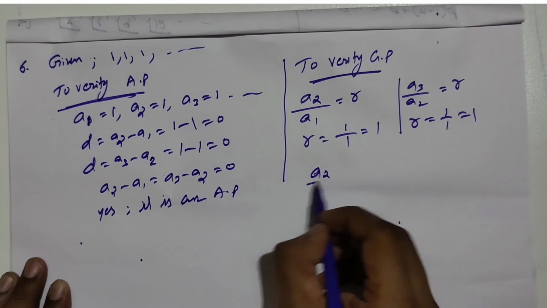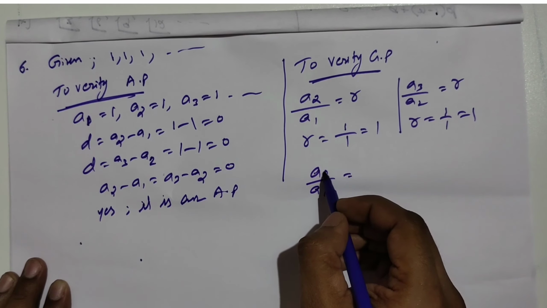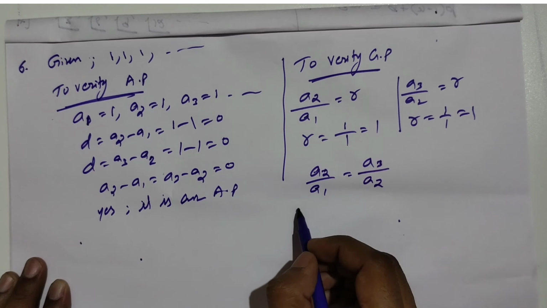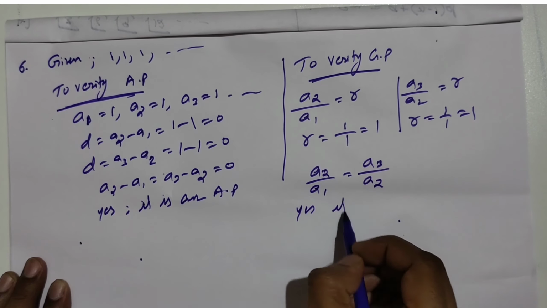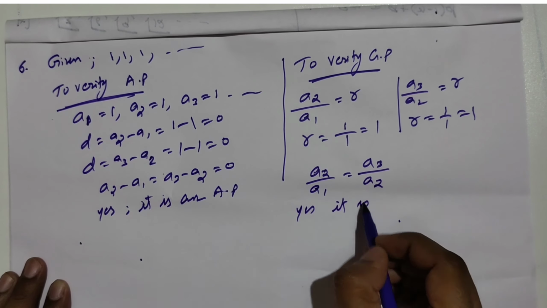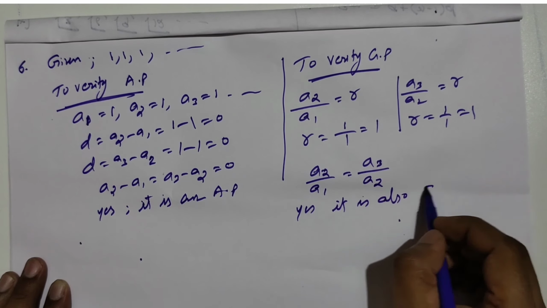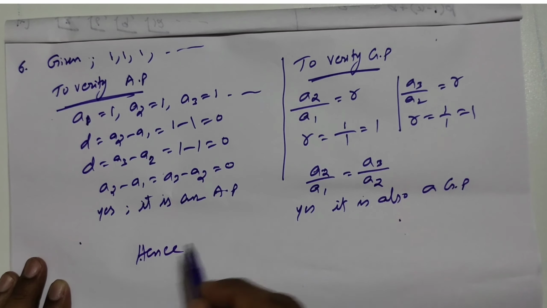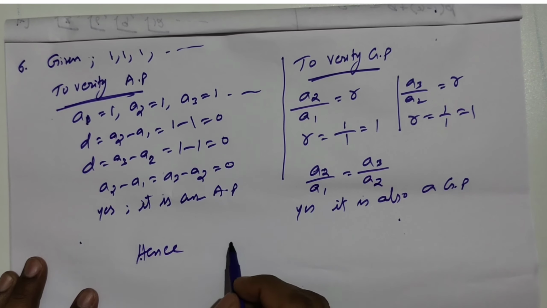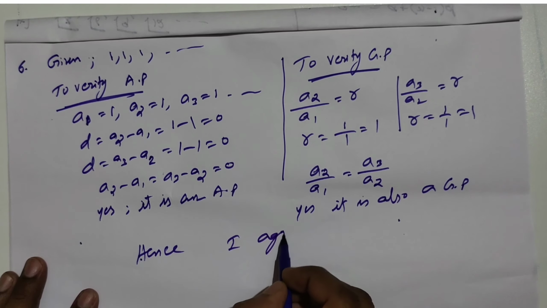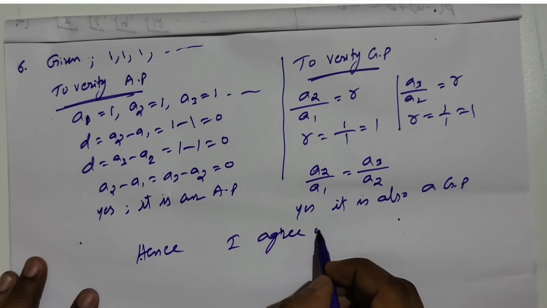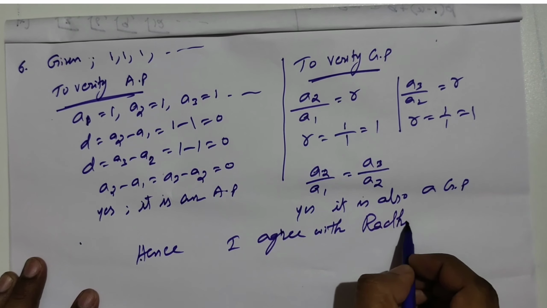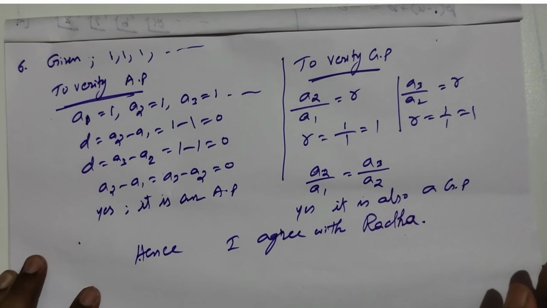So A2 by A1 is equal to A3 by A2. Hence it is also a GP, and hence what you write? I agree with Radha. Okay, this is the sixth one.